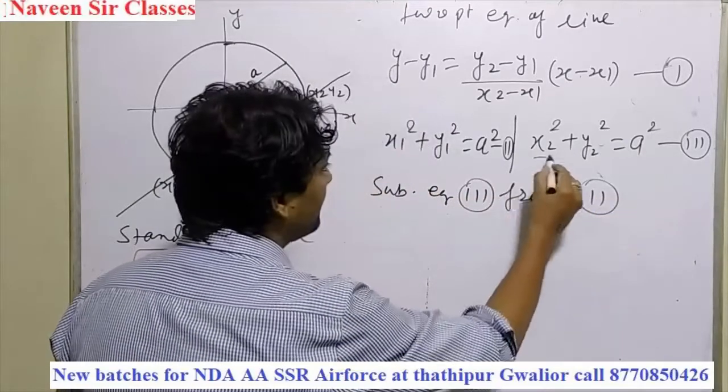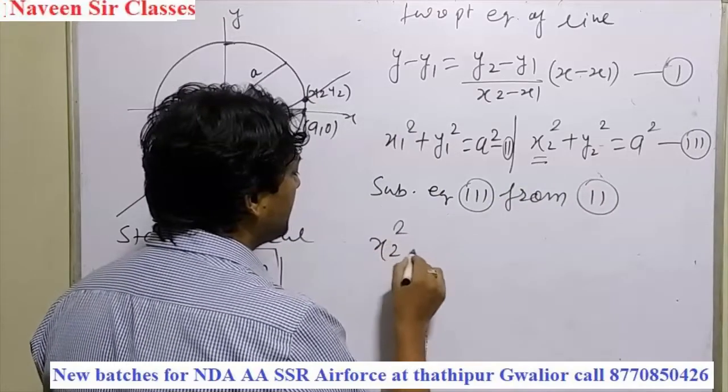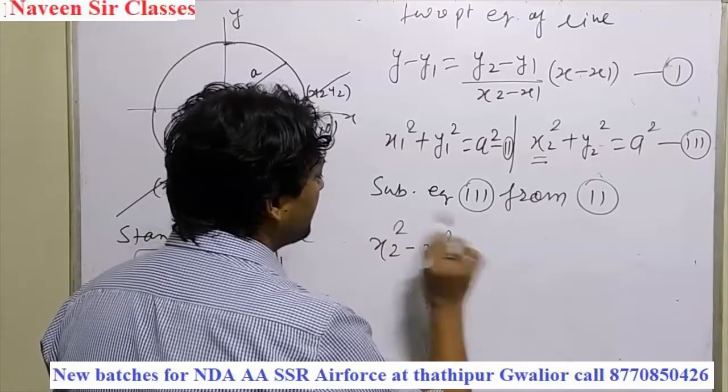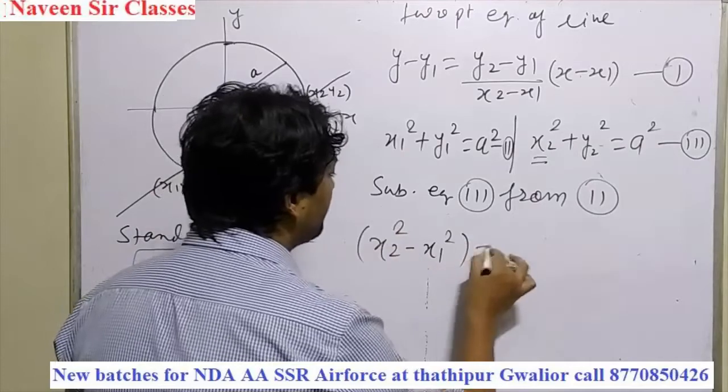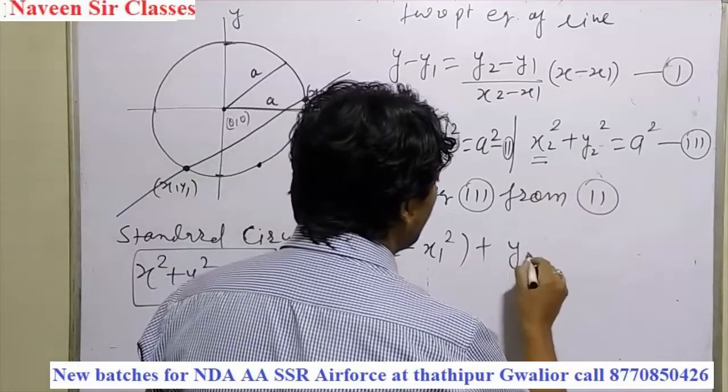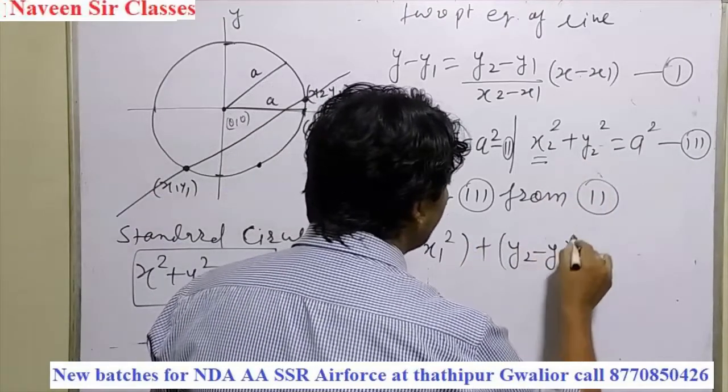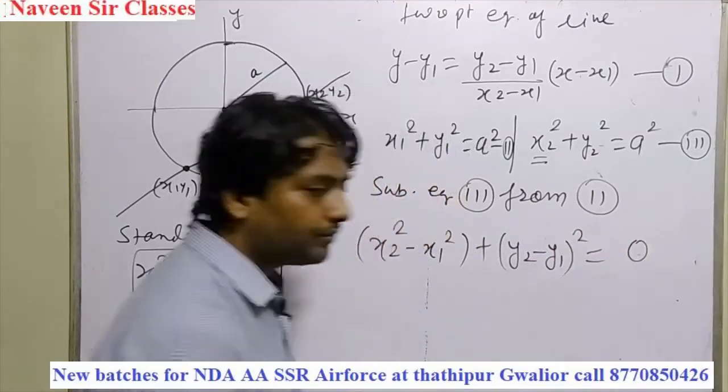We will get x2 square minus x1 square plus y2 square minus y1 square equal to 0.